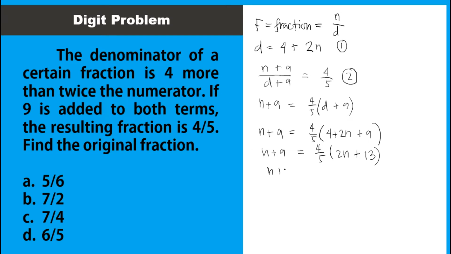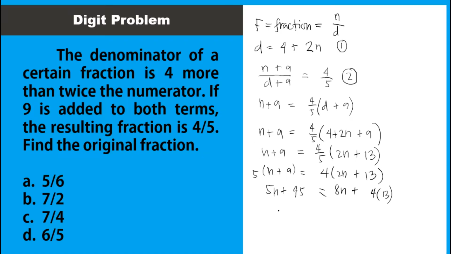So n plus 9, you can multiply both sides by 5. You have 5 times n plus 9 is equal to 4 times 2n plus 13. You have 5n plus 45 equals 8n plus 4 times 13.